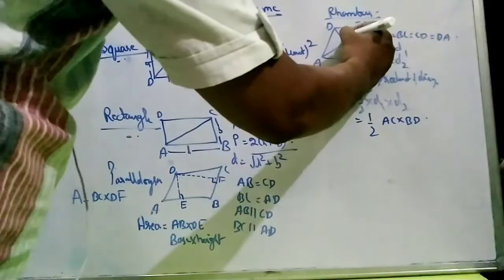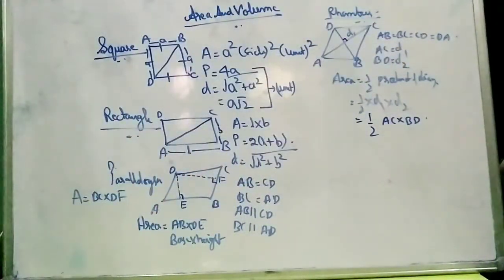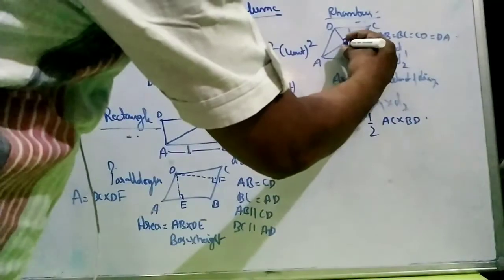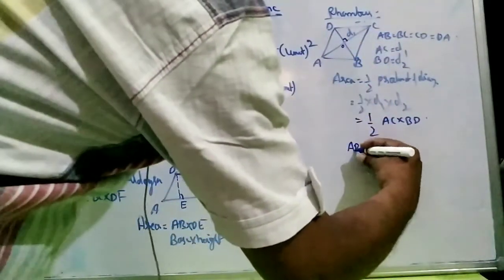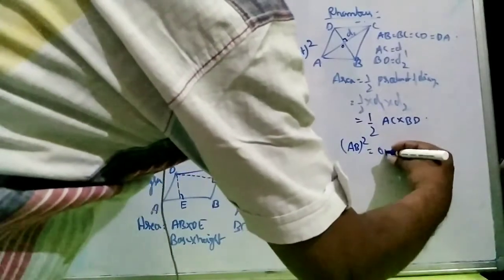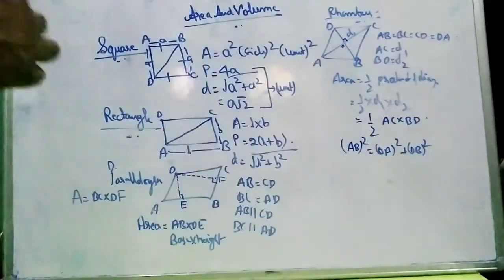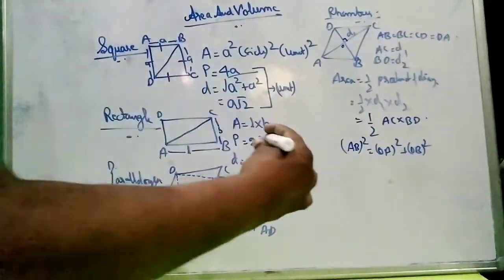One more property is that the diagonals meet at 90 degrees, as perpendicular bisectors. So we can also use the formula AB square is equal to OA square plus OB square. When half of the diagonal is given, you have to find out the complete diagonal in that case.